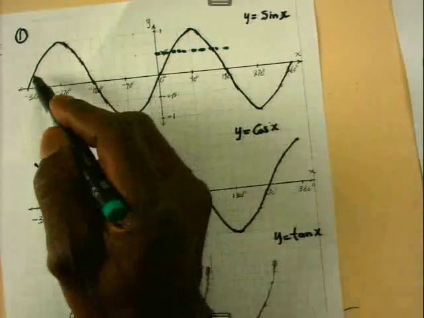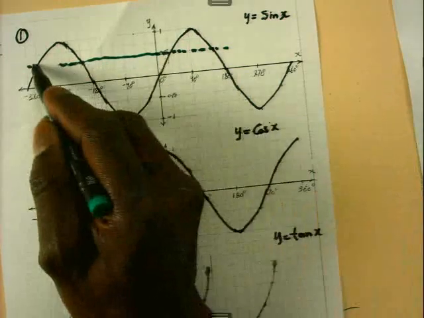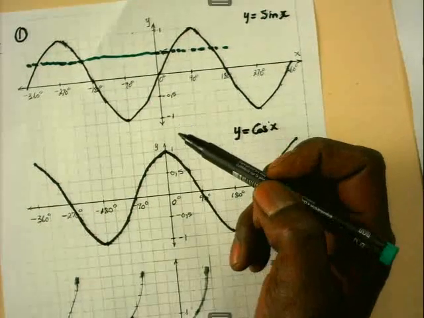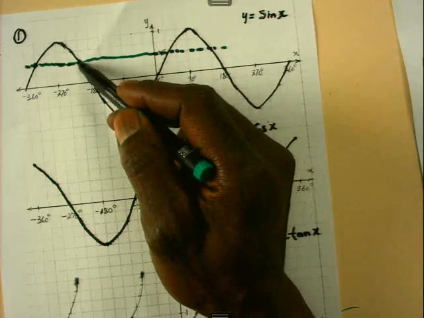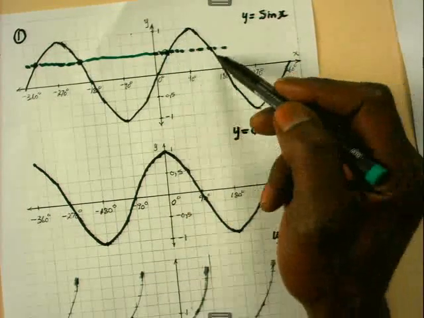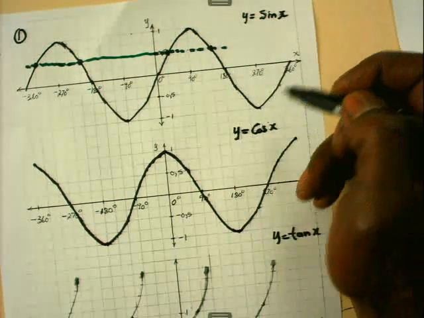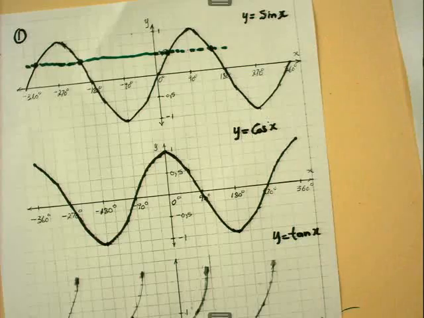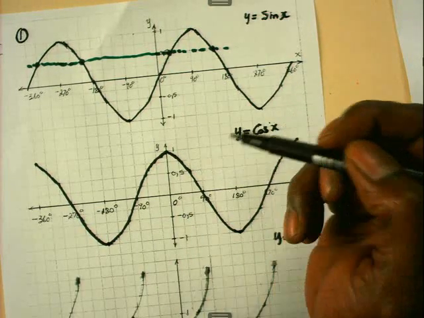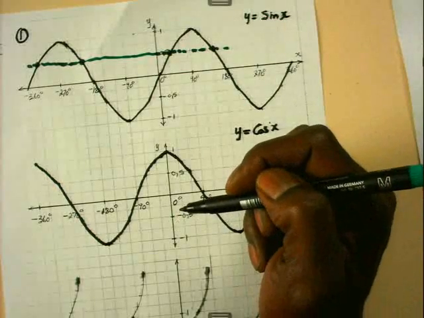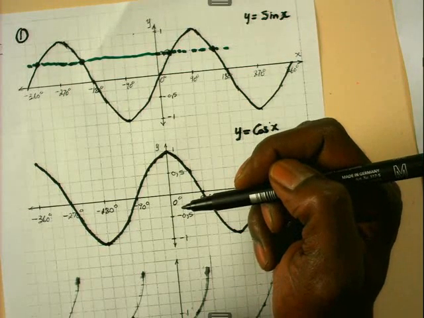And as you can see, this horizontal line here is going to cut this graph of y is equal to sine x at this point, at that point, at that point, and at that point. But if we keep on drawing this curve up to infinity, we'll have an infinite number of solutions for this particular problem, which is sine x is equal to 0,5.